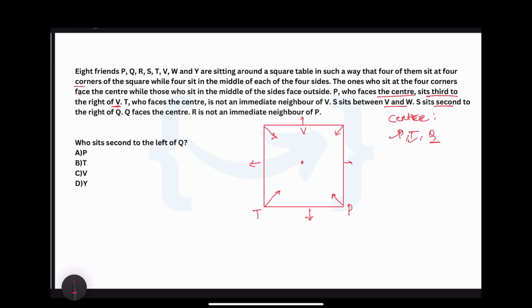I am left with Q. Now where should I place Q? Q faces the center. S sits second to the right of Q, and S faces the center. If I place Q and see from Q's point of view, your right would be this. The second point would be T, but it should not be, because T is already occupied.